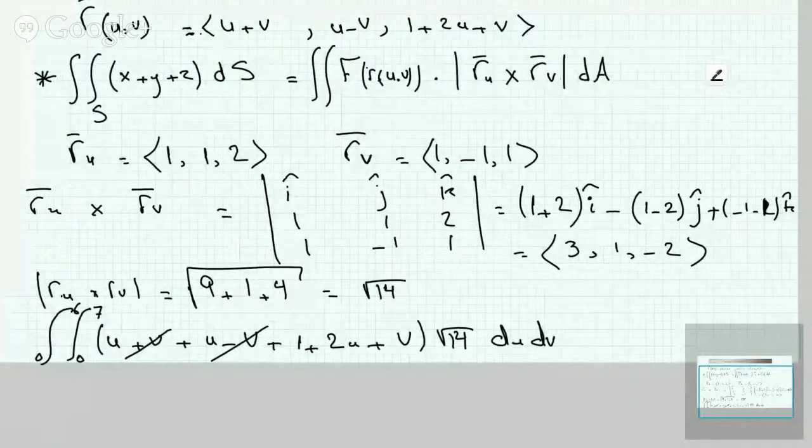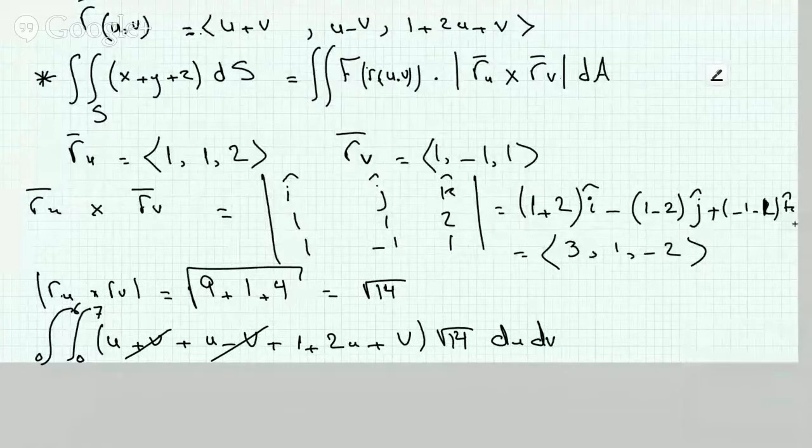You integrate first with respect to u from 0 to 7, then you take that answer and you integrate it again with respect to v from 0 to 6. I won't worry about the details of the integration. If you need help on that, you can check my videos on basic calculus 1. For this class, I'll assume someone who is watching this is familiar with the details of an elementary integral.